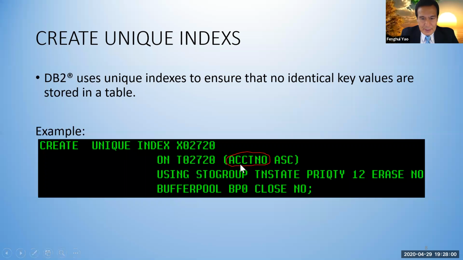So for each record, account number must be different, must be unique. It cannot have the same account number. So the statement from here to this semicolon is one statement.